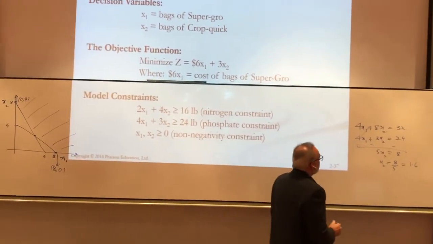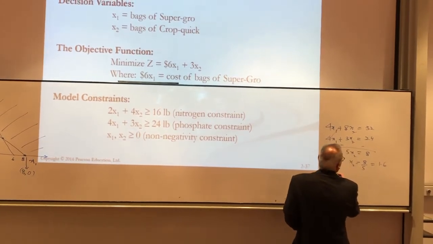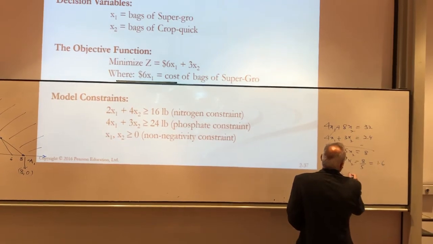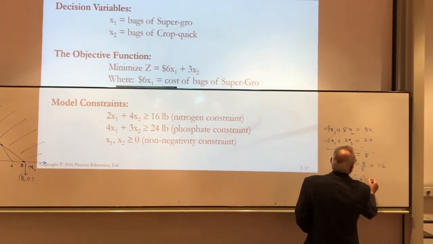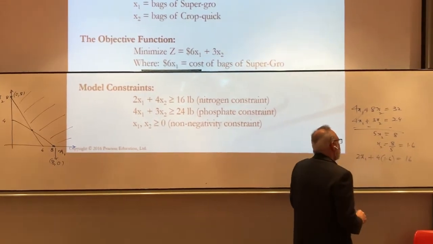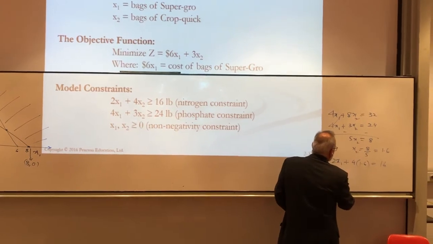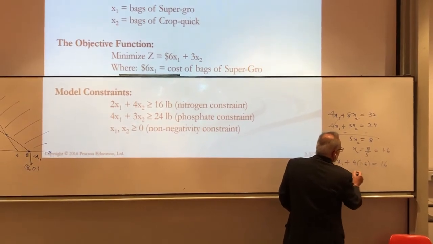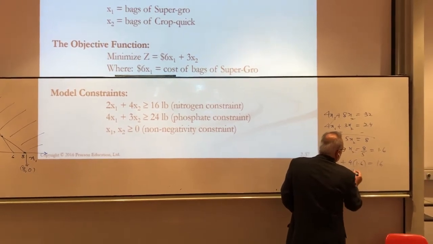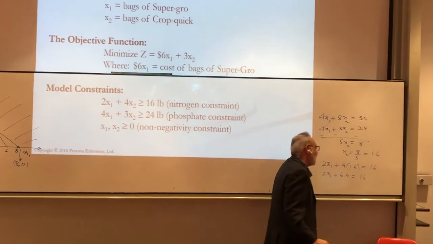So x2 is equal to 1.6, then x1: 2x1 plus 4 into 1.6 is equal to 16. And this will be how much? 2x1 plus 4, 6 are 24. And this will be 6.4 equal to 16.